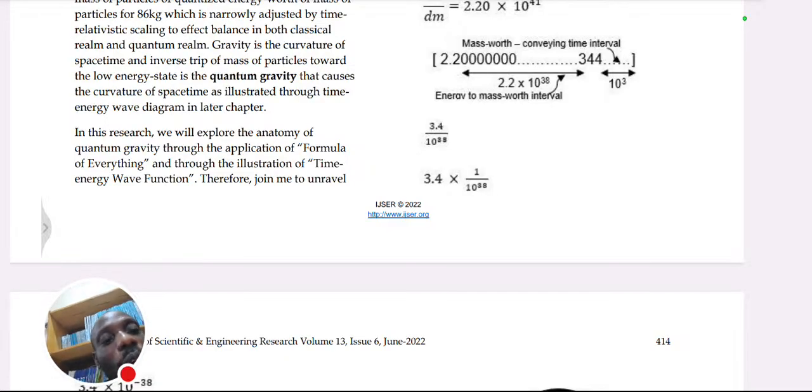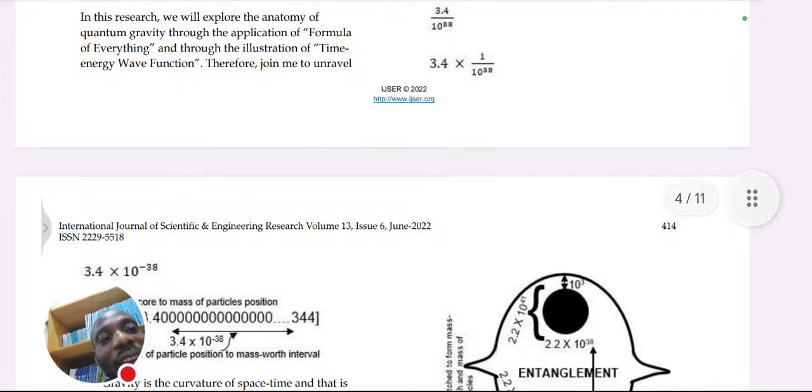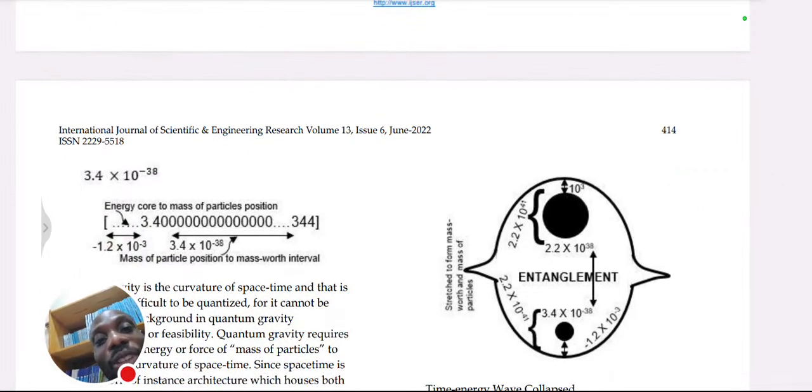And when we expand that fraction, we have it to be 3.4 times 1 all over 10 raised to power 38. And by having it like this, when we do cross multiplication, we're going to have 3.4 times 10 raised to power minus 38.